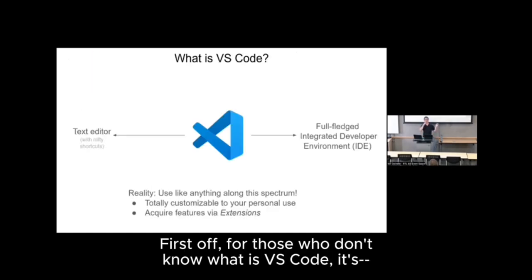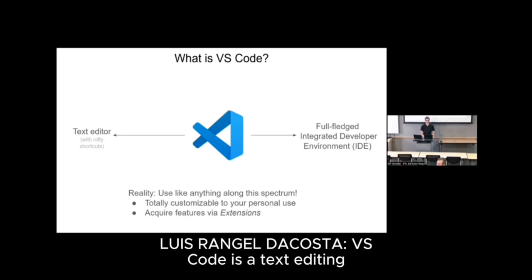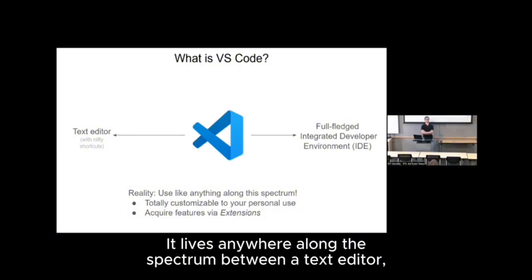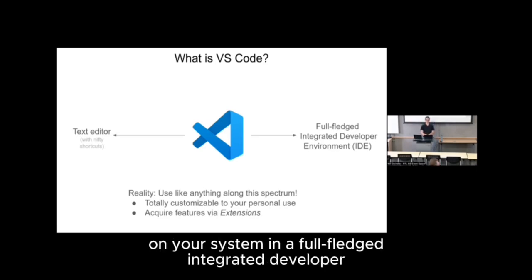First off, for those who don't know, what is VS Code? VS Code is a text editing integrated developer environment tool. It lives anywhere along the spectrum between a text editor, which just enables you to edit text on your system, and a full-fledged integrated developer environment.